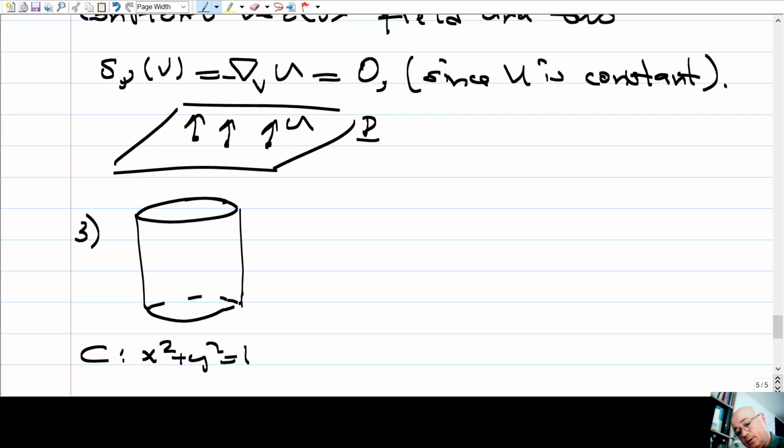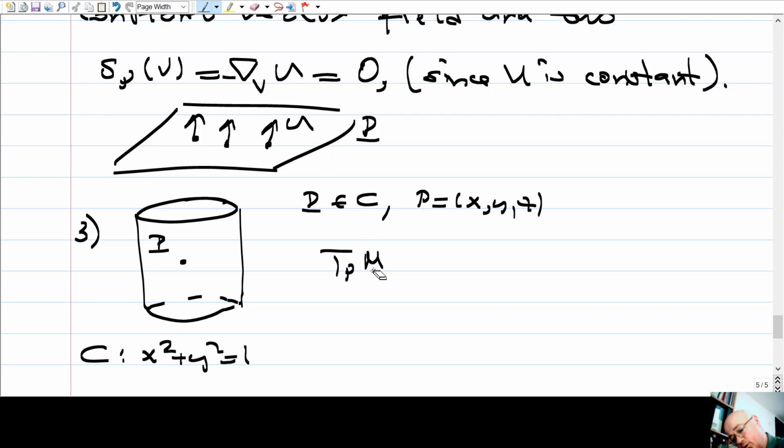Okay, let's choose a point P in the cylinder C, and let's say it has coordinates x, y, z. The tangent space to C is the span of two vectors, E1 and E2.